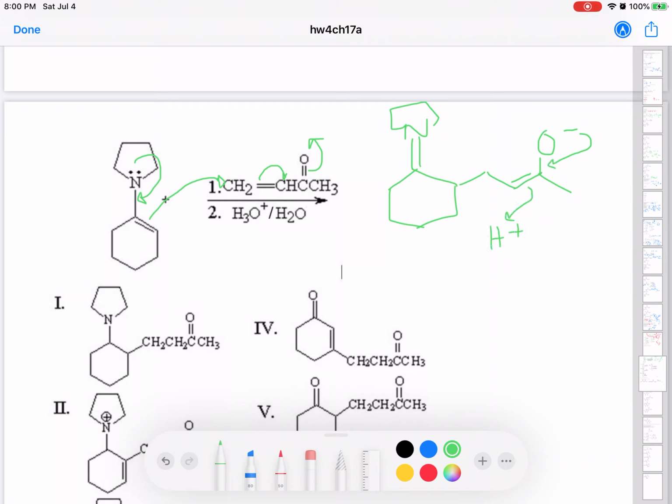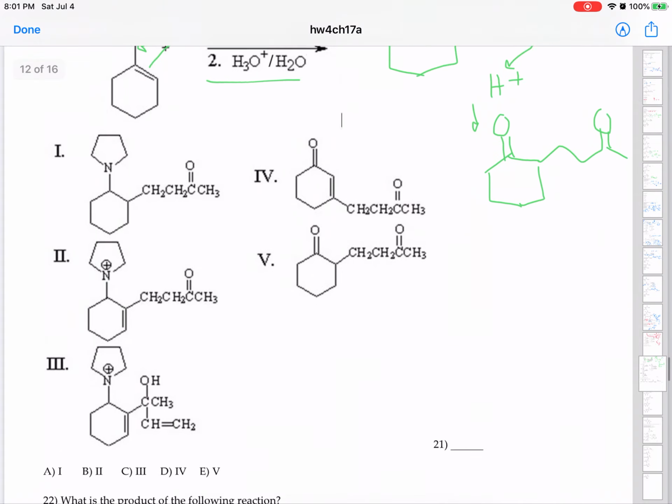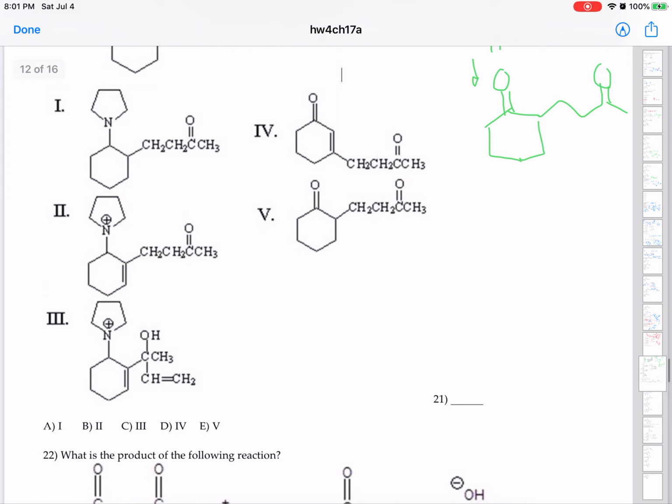grabbing an H plus, and at the same time when you add hydronium and water, this would hydrolyze back to the ketone. So it would be something like that. Yes, so that's going to be the structure.